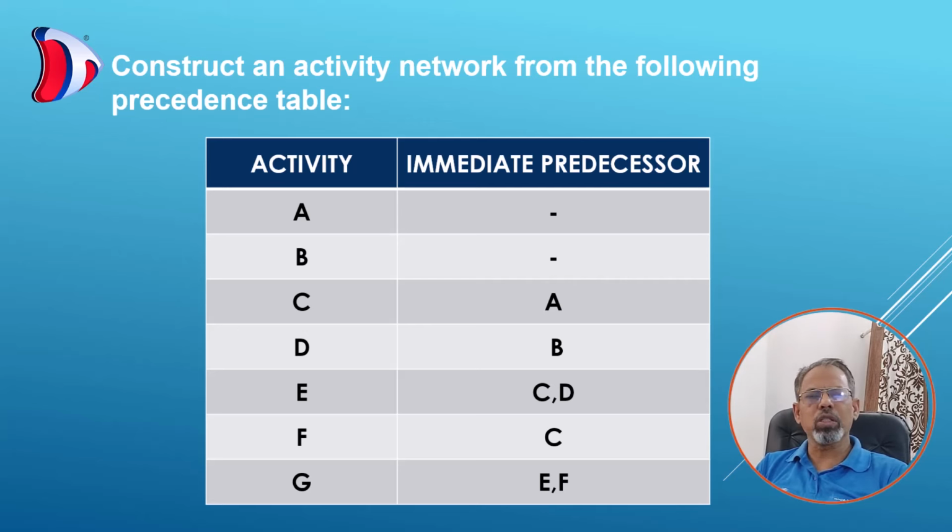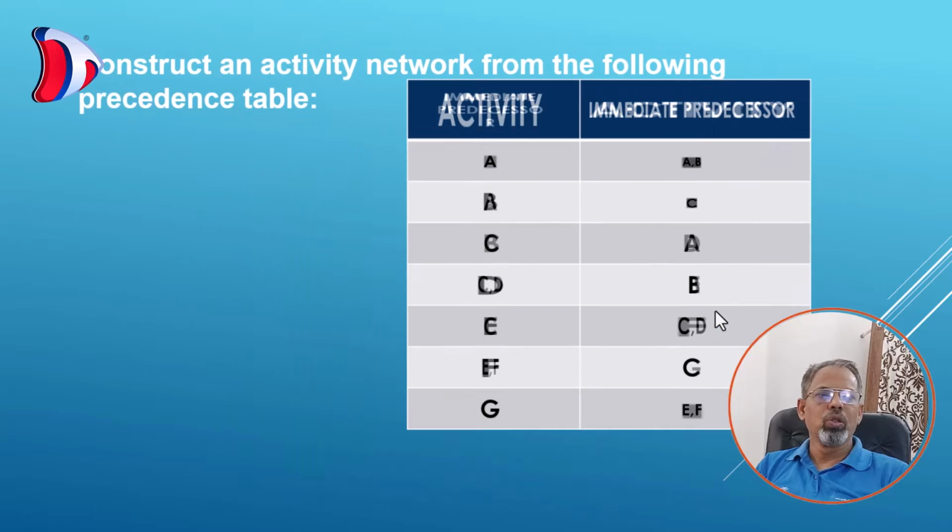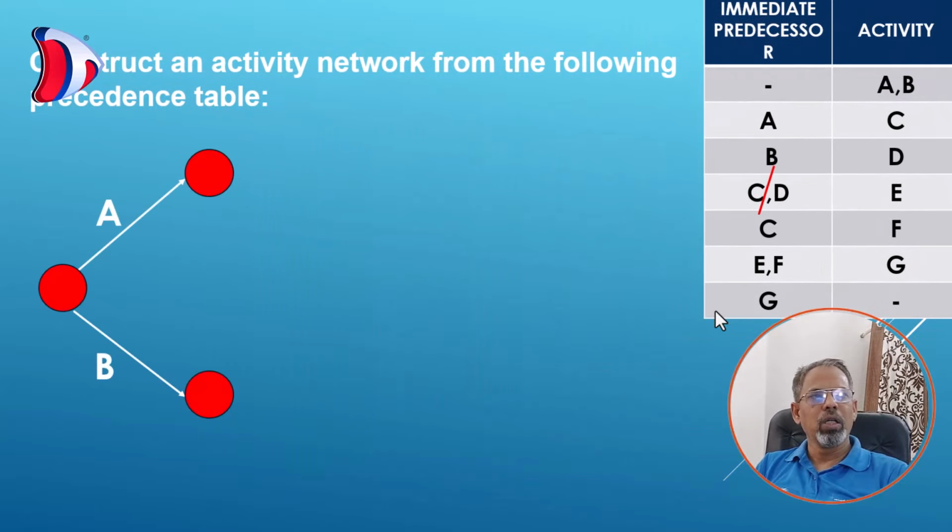So first step is again to recreate the table, since here also the activity column and the immediate predecessor column are in the sequence which we want to reverse. So changing the format of the table, we see that we have the immediate predecessor column and the activity column rearranged.